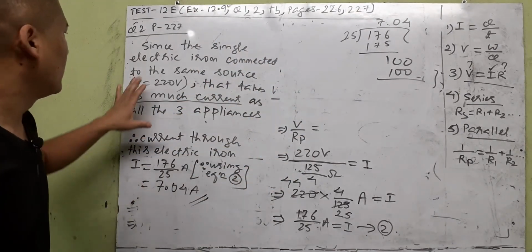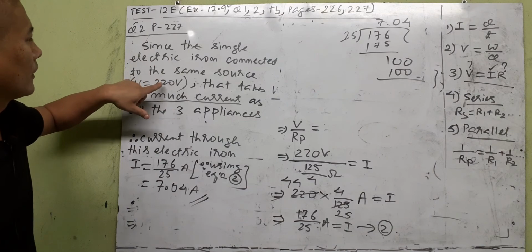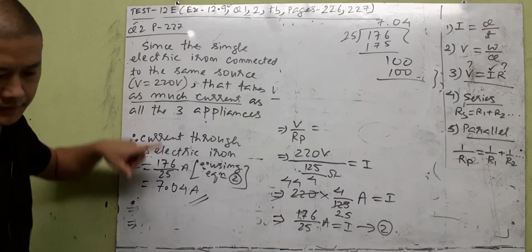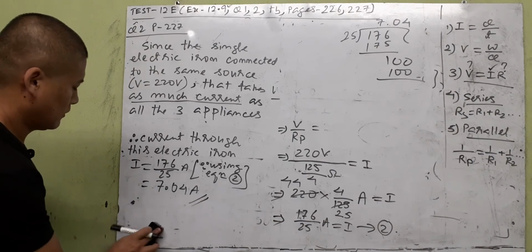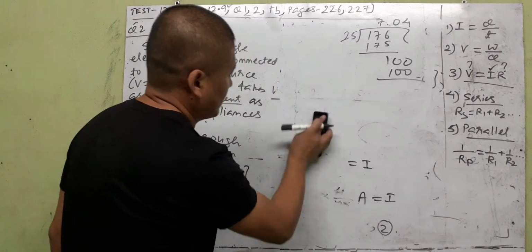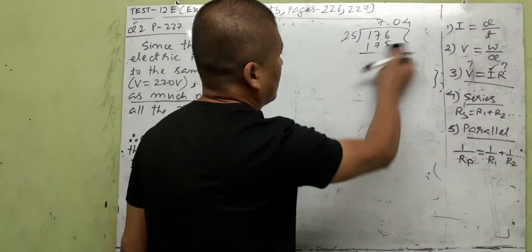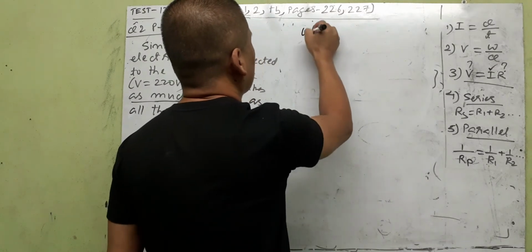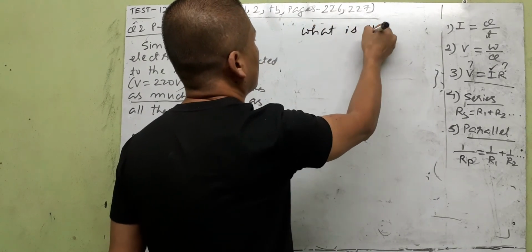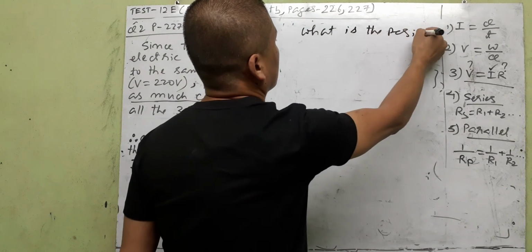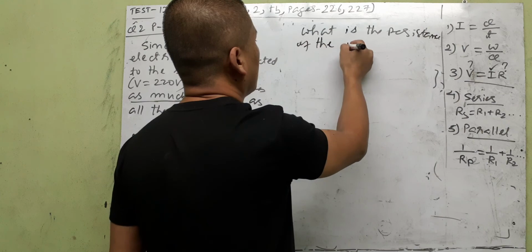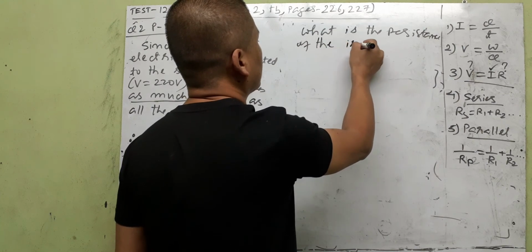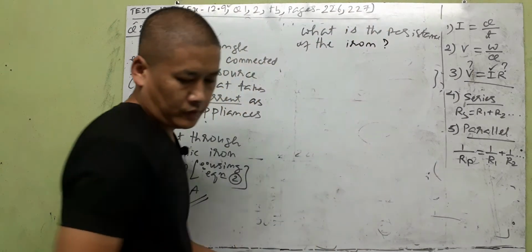First answer. They're also asking what is the resistance? Look there. Next question, just write down. The question is asking, we want to write like this: what is the resistance of the electric iron, single one? So think about this.